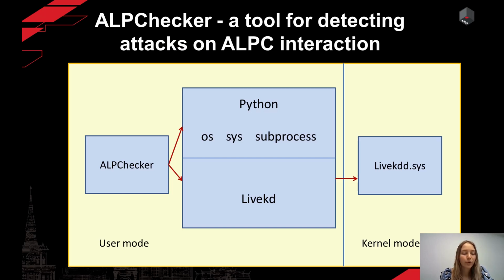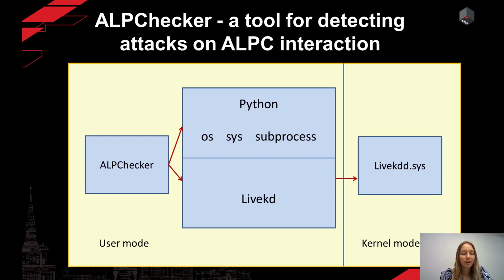For now, Windows does not have any security instruments to detect and prevent these types of attacks. We proposed a new security tool named ALPChecker, which is designed to detect ALPC attacks.